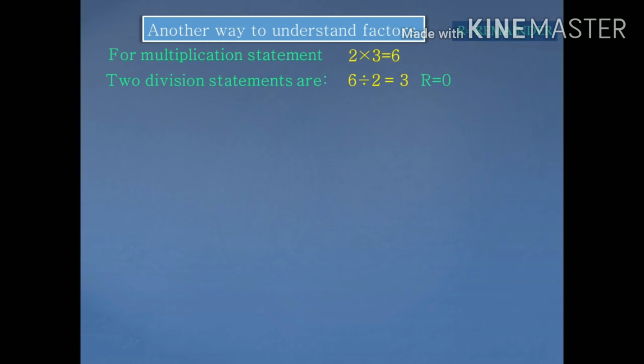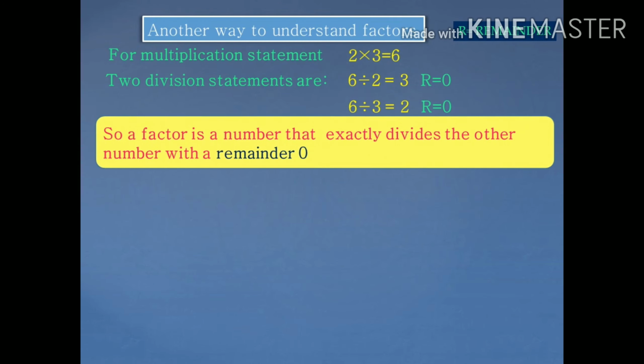R here indicates the remainder. 6 divided by 3 is equal to 2 with remainder 0, which means both the factors of 6, that are 2 and 3, divide 6 exactly, leaving a remainder 0. So a factor is a number that exactly divides the other number with a remainder 0.